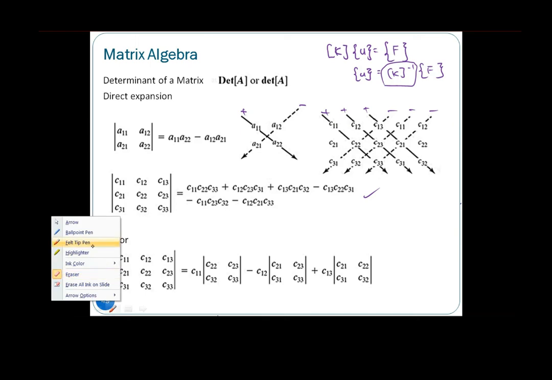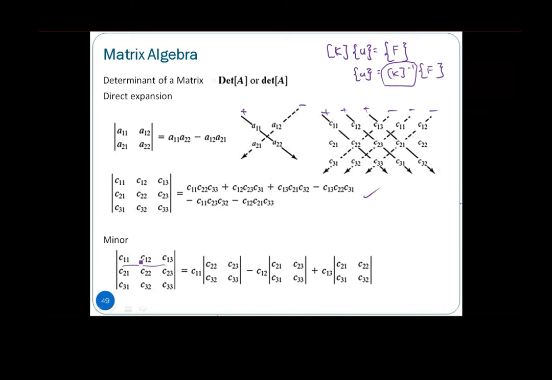Here you have to put minus C12. C12 is here, then you have C21, C23, C31, C33, right? So again, C11 multiplied with C22, C33 minus C23 C32. Okay, so that is what you have learned previously.